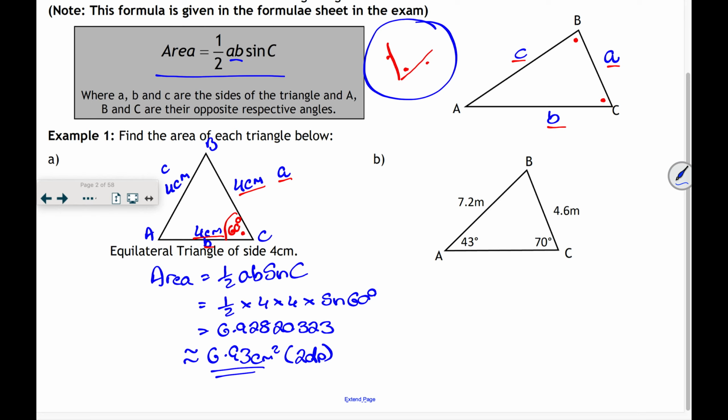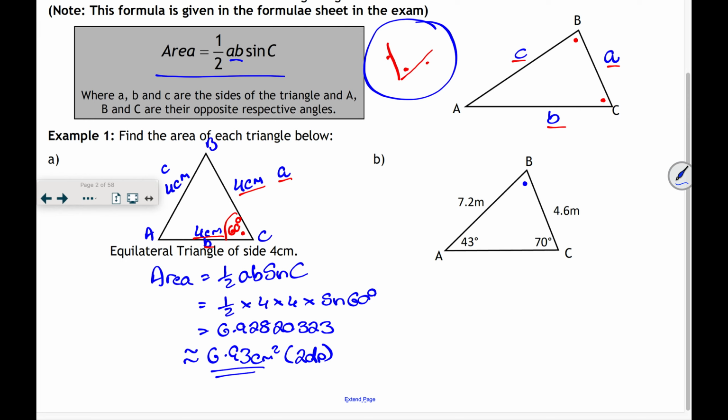So I want to work out the area of the triangle, but you'll have to notice here that we don't have the conditions we need to work out the area. We don't know 2 sides and the angle in between those 2 sides. So for this to work out, I need to know this angle up here.